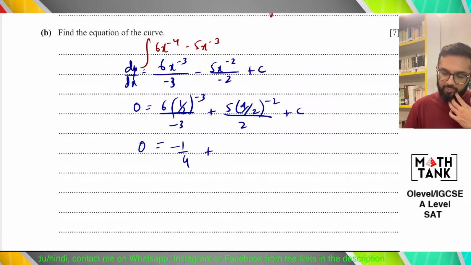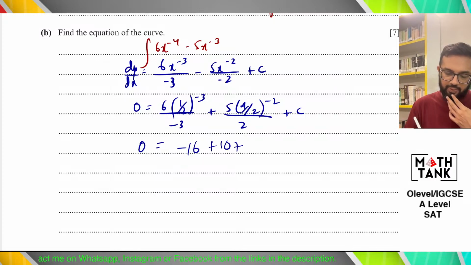I've again done something. -16. That's 10 plus C. So C is 6.